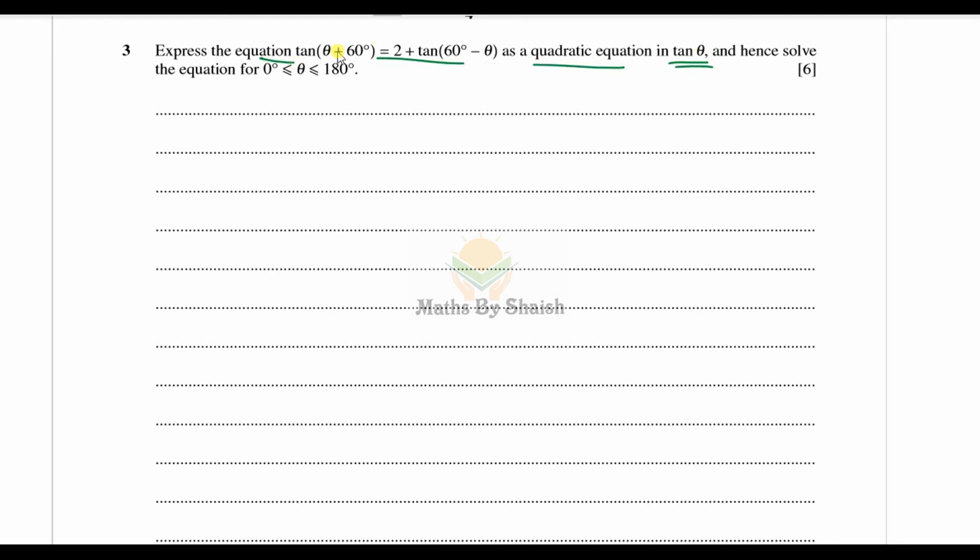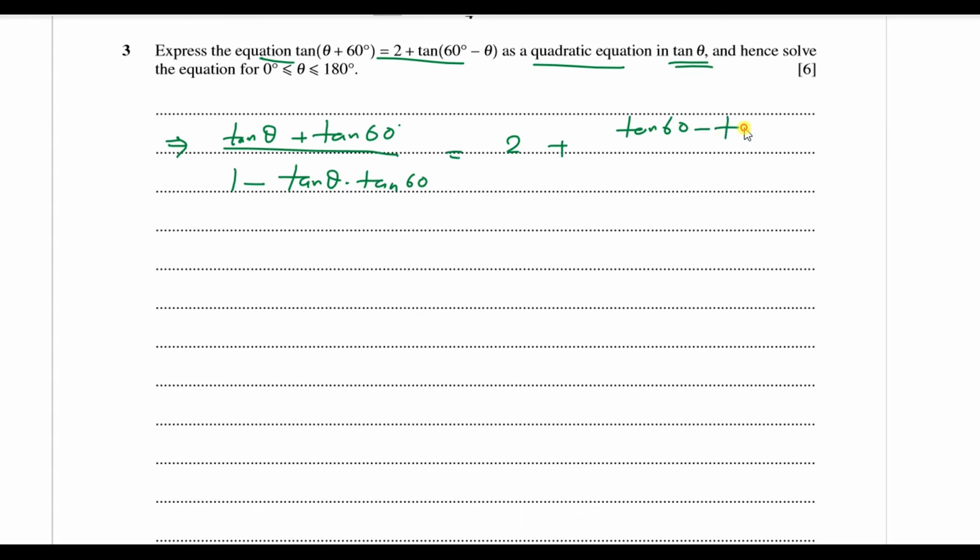So here we can see tan(a+b) form and tan(a-b) form. We will use that identity here, and we will get tan theta plus tan 60 over 1 minus tan theta into tan 60 is equal to 2 plus, again, tan 60 minus tan theta over 1 plus tan 60 into tan theta.